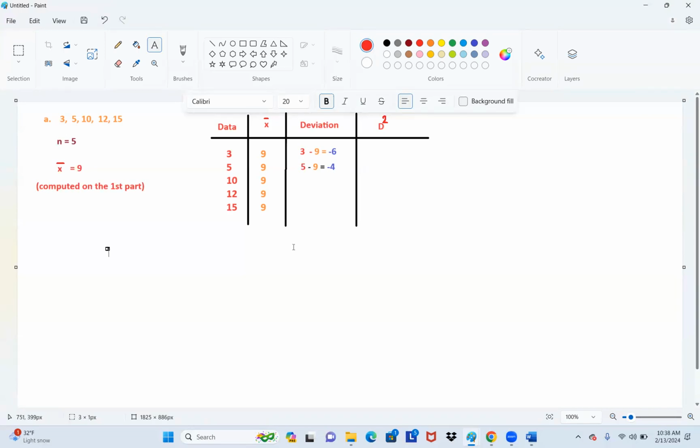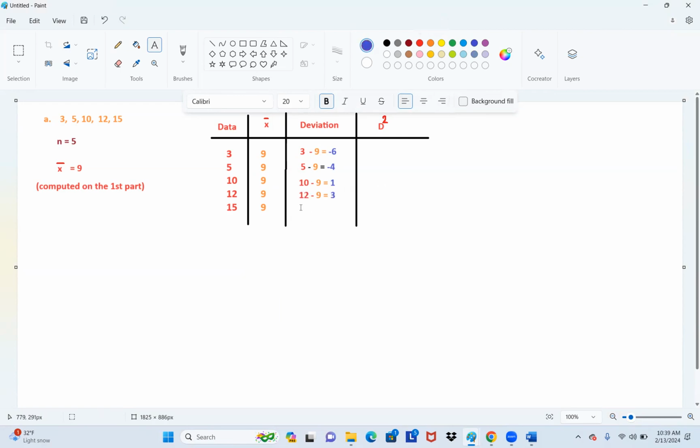Okay. So we do the same thing for that. We take 10 minus 9 equal to 1. And we do the same thing for that. We take 12, then we minus 9, and we have that equal to 3.